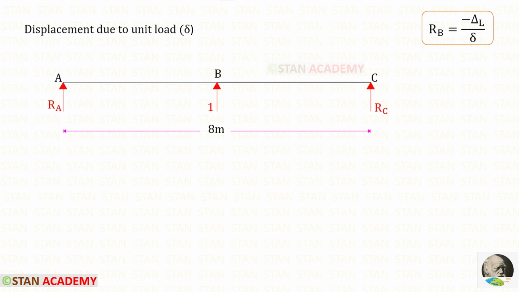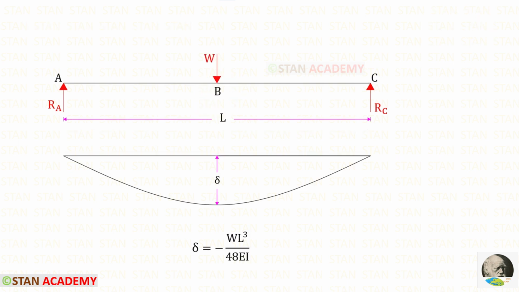Now let us find delta, that is the displacement due to the unit load. From the beam, we have to remove all of the loads and apply a unit load at B. Let us take a simply supported beam subjected to a concentrated load at the center. The formula to find the deflection is minus WL^3 upon 48EI.